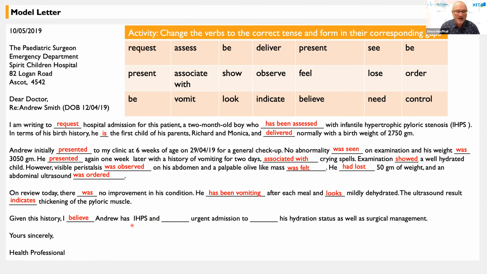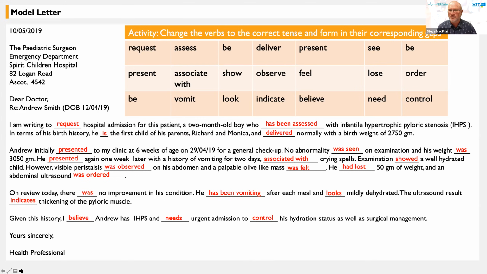I believe Andrew has IHPS and needs, yes, because it's the boy who needs it, and needs urgent admission to something, his hydration status, as well as surgical management. To, what are we going to do? To, I think it's clear, to control his hydration status. So there it is, everyone.